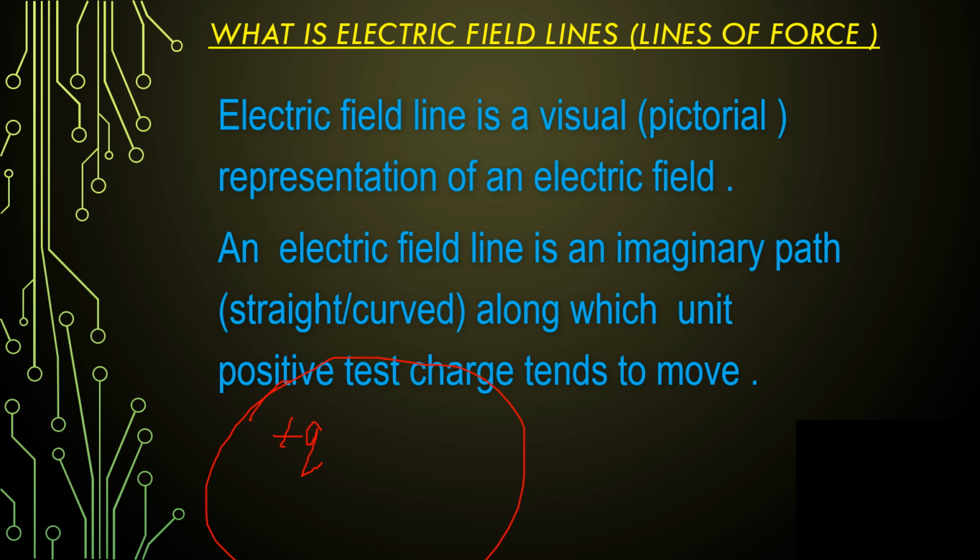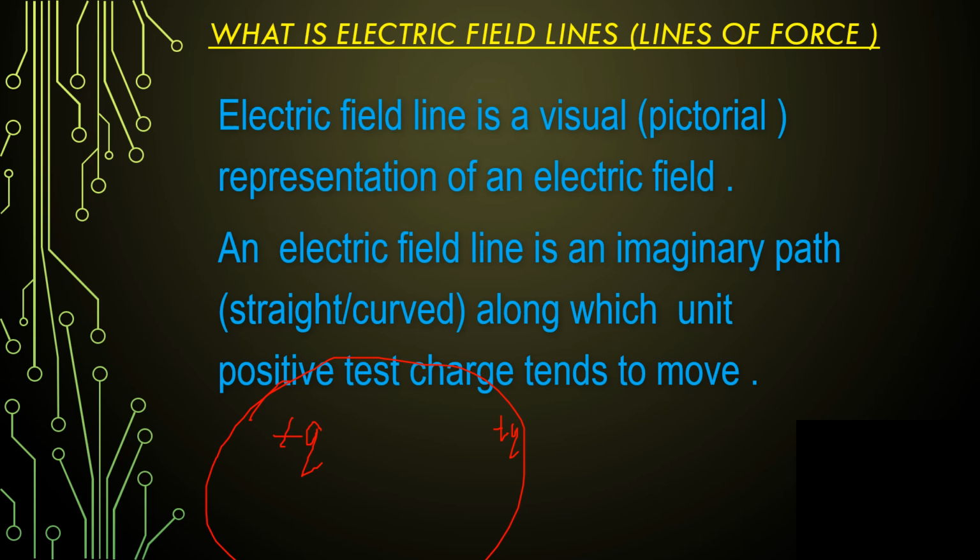Within this space or region, if you place another positive charge, this charge is called a test charge, and the other is called the source charge.